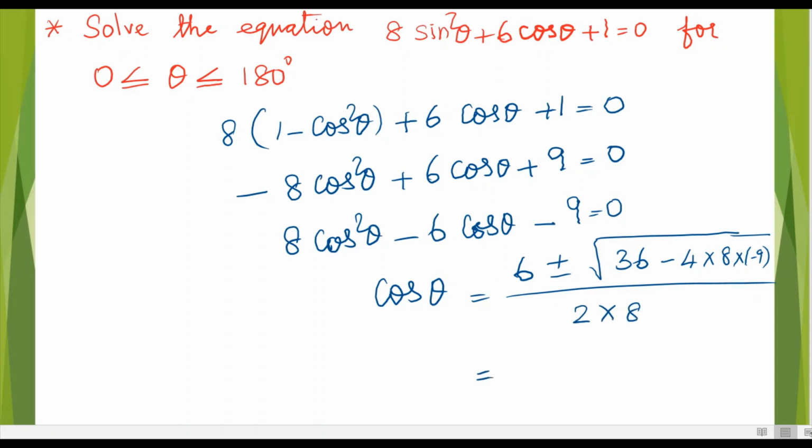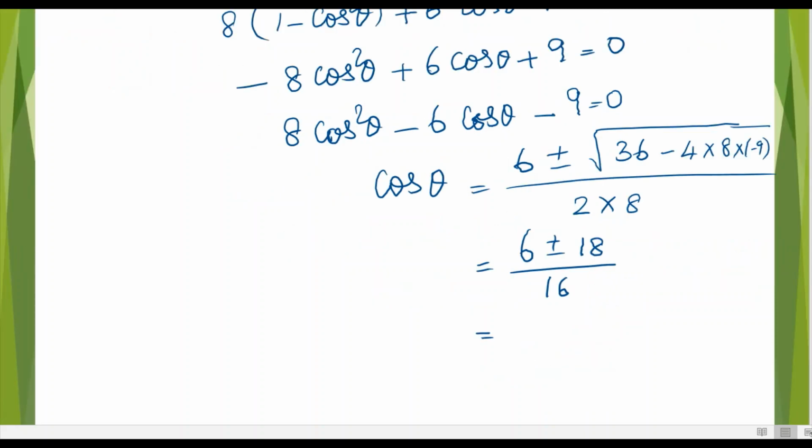So you will get 6 plus or minus square root of 36 and the entire term will become positive, and the square root of that gives 18, by 16. So this is equal to -3/4 comma positive 3/2. This is the cos theta value.